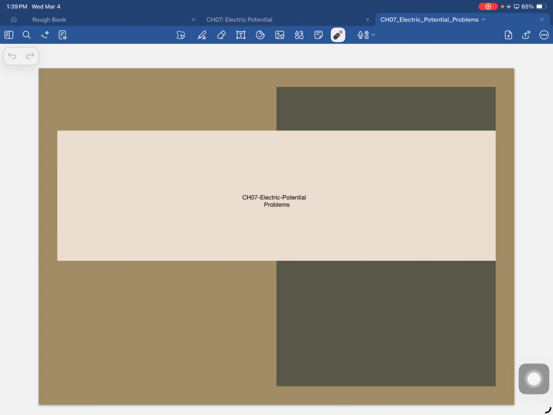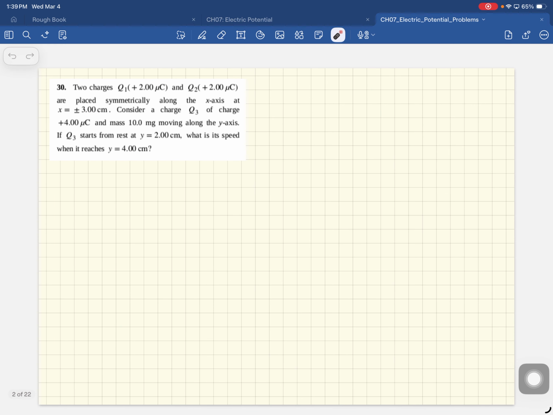This is R13, R12. Okay, so the initial potential energy is the potential energy of this pair and that pair.